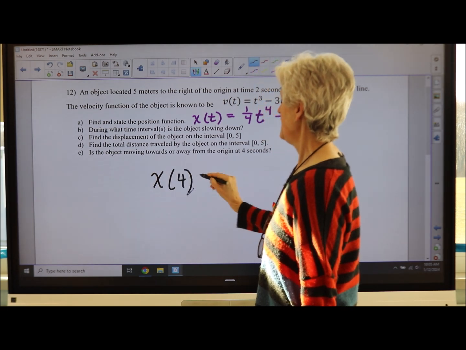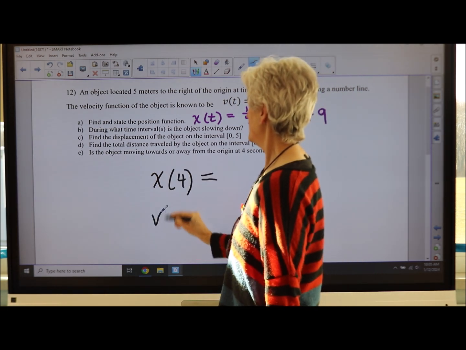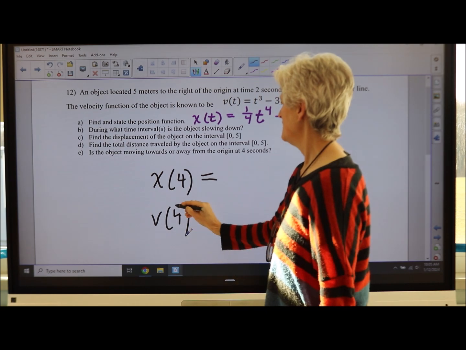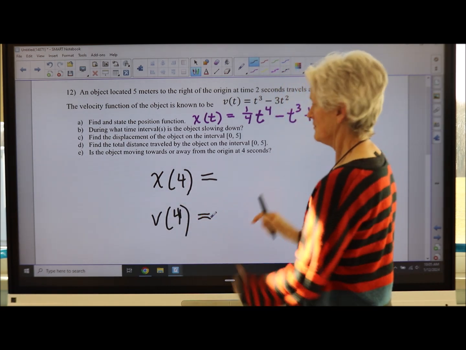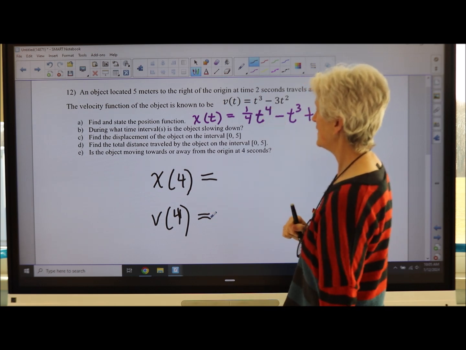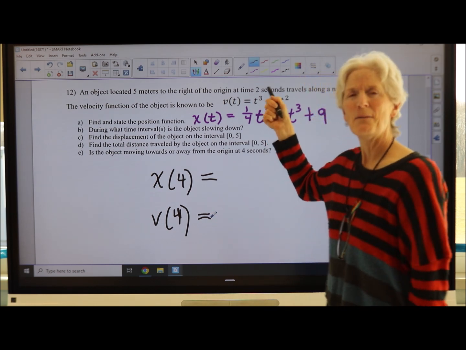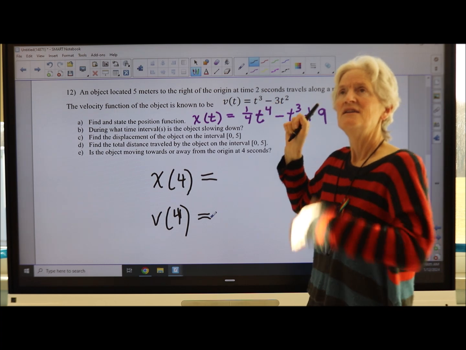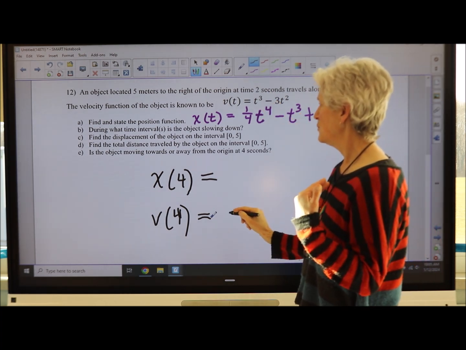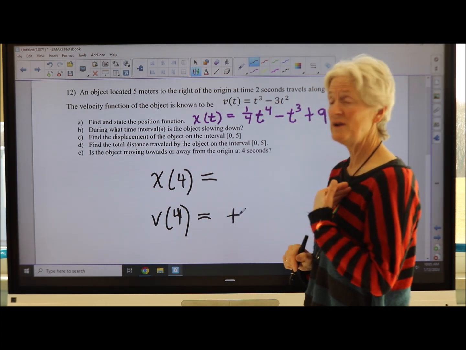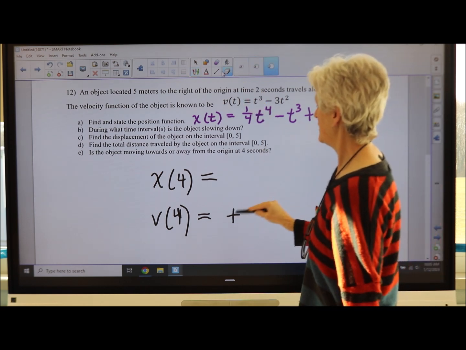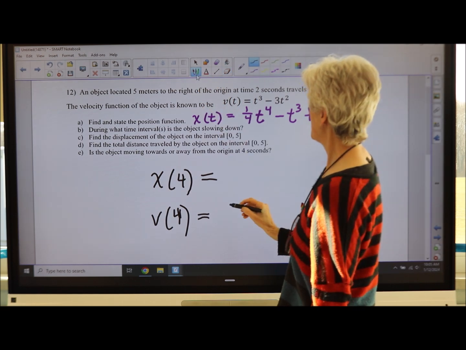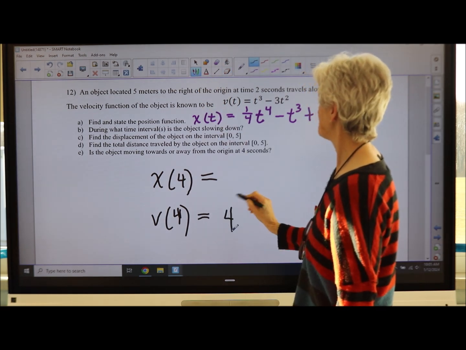I just need the values of x of 4 and v of 4. You can just plug them into your functions, or you can remember your velocity number line. I'm pretty sure we were moving to the right at that point. But we can also just go ahead and sub in 4 into my velocity.